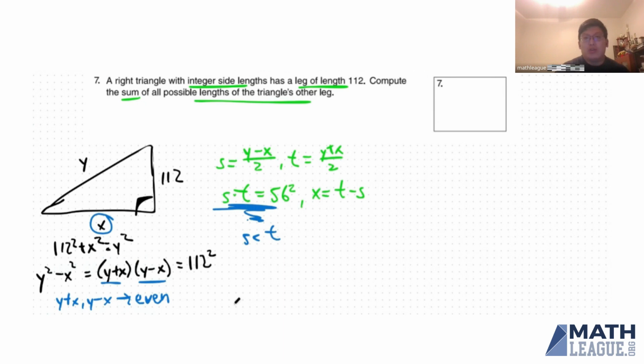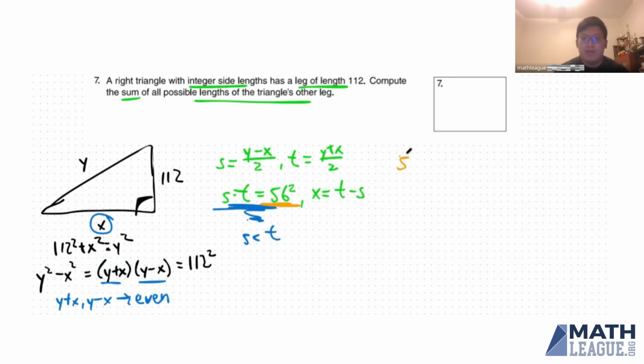So we're trying to look for, over all factor pairs that are not 56 times 56, the difference between the two elements of the factor pair. We want the difference in each factor pair, the larger minus the smaller one. Now, how do we do this? Well, we can first find the sum of all of the factors of 56 squared.